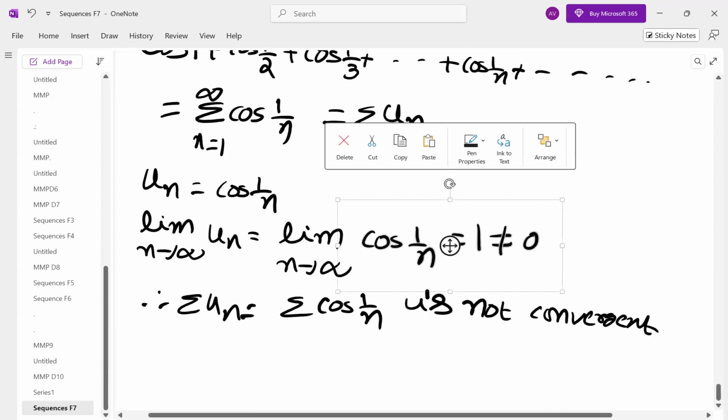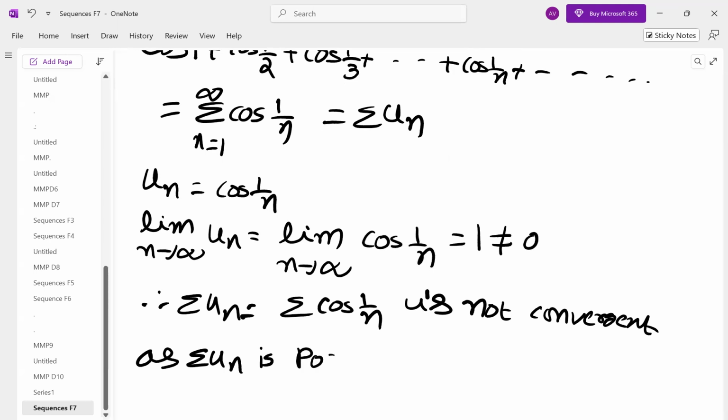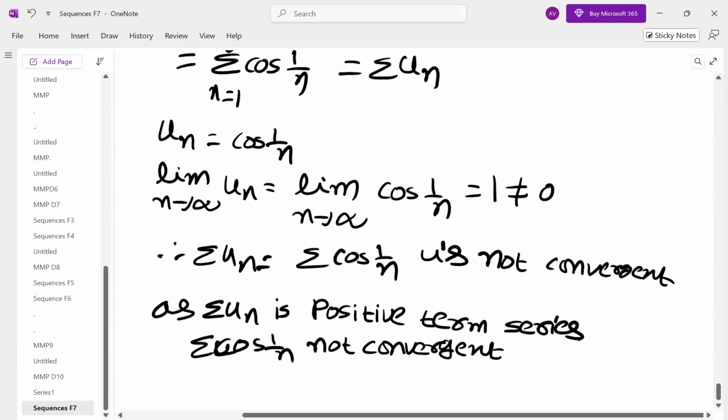So, as summation un is a positive term series, we can say summation cos 1 by n not convergent also implies it is divergent. So among the options, you may be given not convergent, that is also correct. Divergent is also correct.